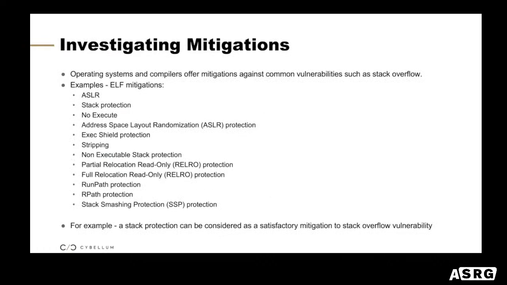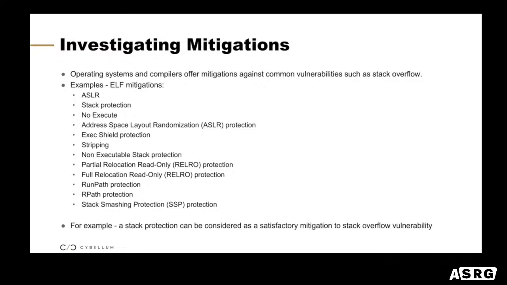Another thing you can investigate is mitigations. Executables offer mitigations to vulnerabilities such as stack overflow. There are many mitigations that are available in ELF files, and Windows PE executables also have similar protections. For example, if an executable is compiled with stack protection, it can be considered a good enough mitigation to stack overflow vulnerabilities.